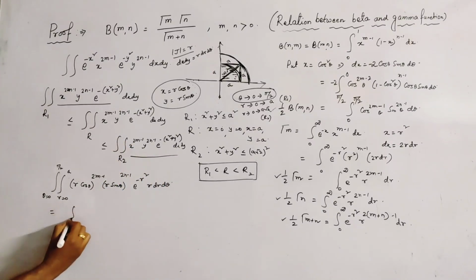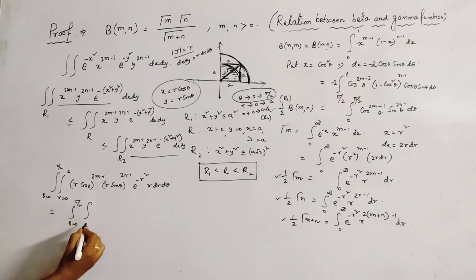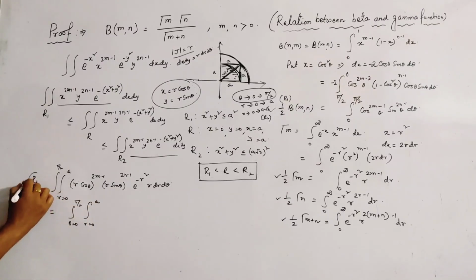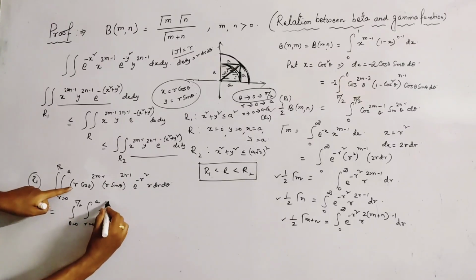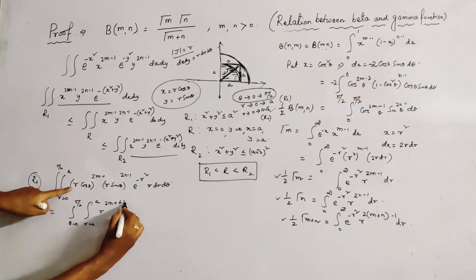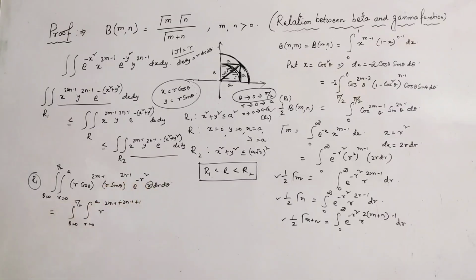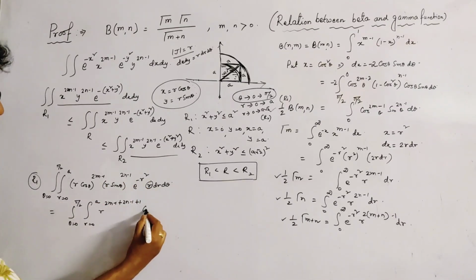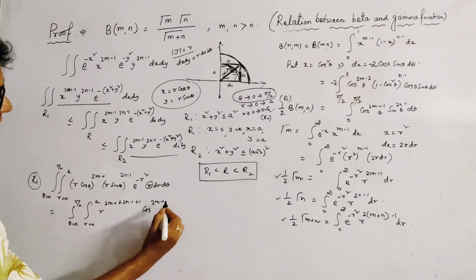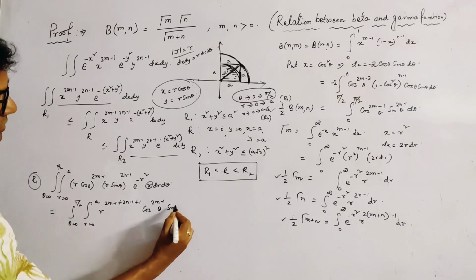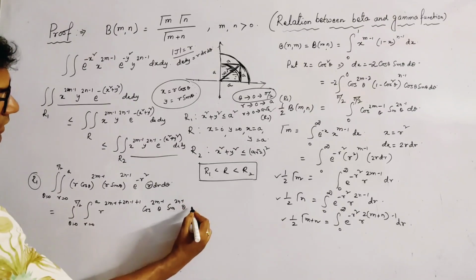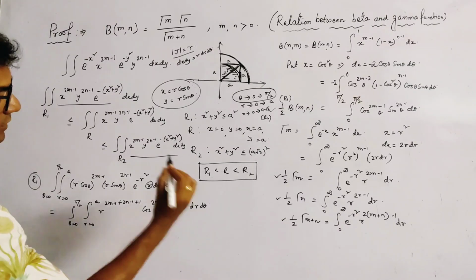This is given by integration of theta from 0 to pi by 2 and integration of r from 0 to a for R1, the left integration, of r to the power 2m minus 1 plus 2n minus 1 plus 1, because r is present here, times cos to the power 2m minus 1 theta sin to the power 2n minus 1 theta, dr d theta.